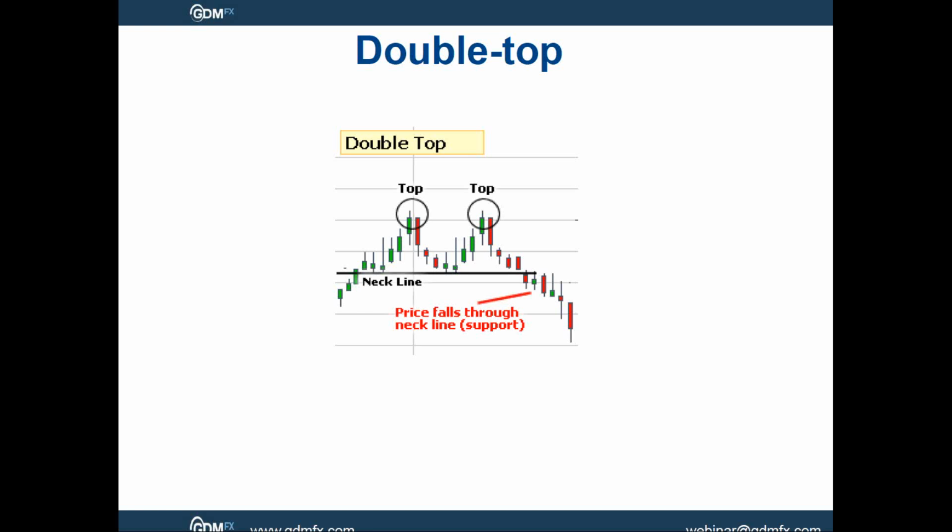Now, the first stage of this pattern is the creation of a new high during an upward trend, which, after peaking, faces resistance and sells off to a level of support. The next stage sees the price move back towards the level of resistance found in the previous run up, which again sells off back to the support level.